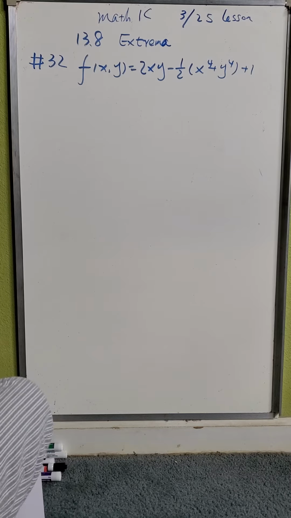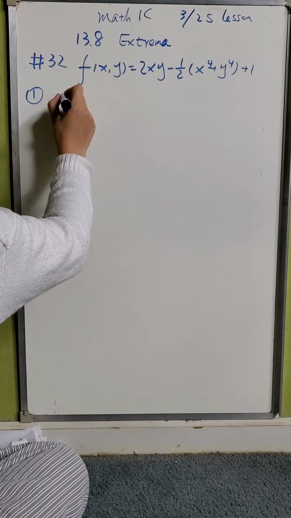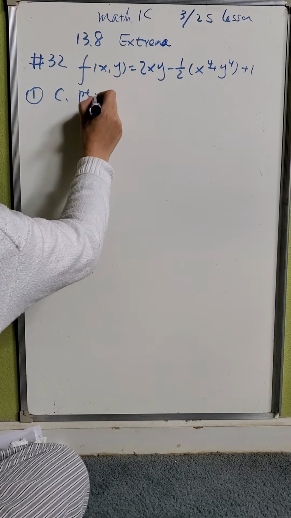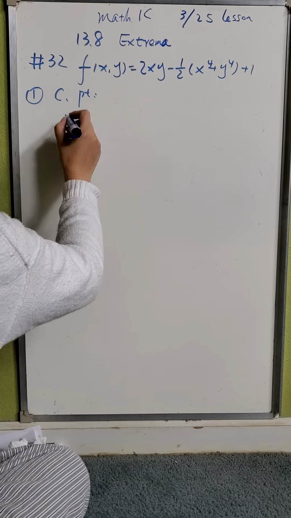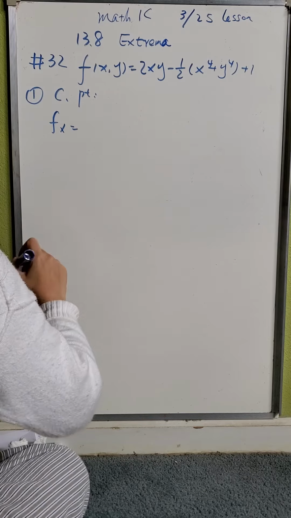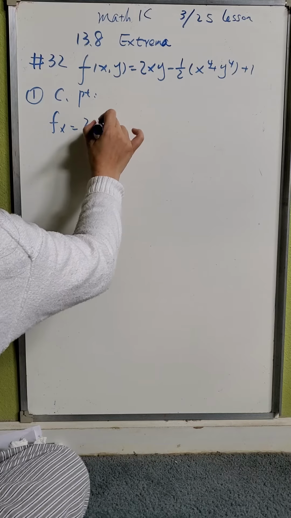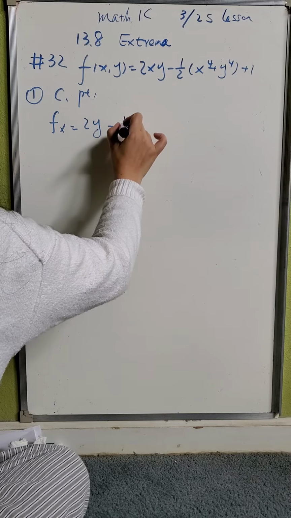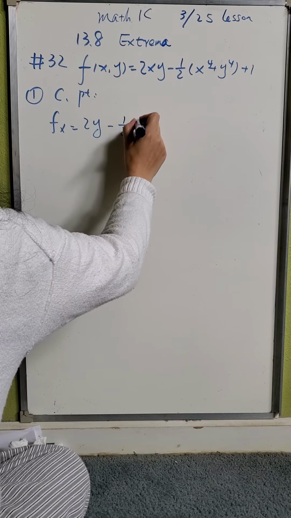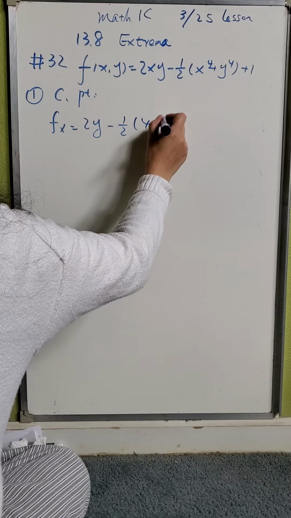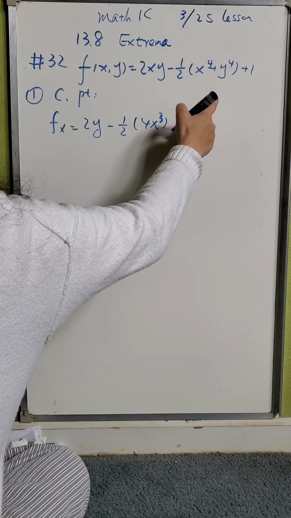So again, first we're going to find the critical point, okay? And for f of x equal to 2y and minus 1/2 times 4x cubed and the rest is 0.